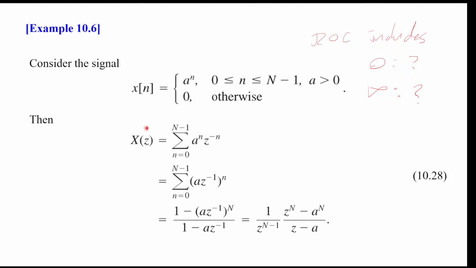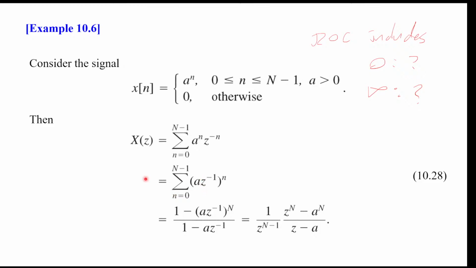Anyway, X of z is the summation from n equals 0 to big N minus 1 of x of n times z to the minus n. So we have x of n being a to the n, and then z to the minus n.